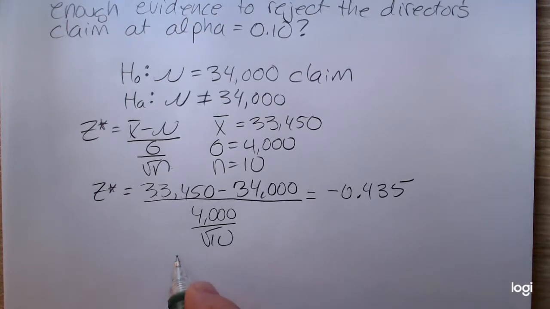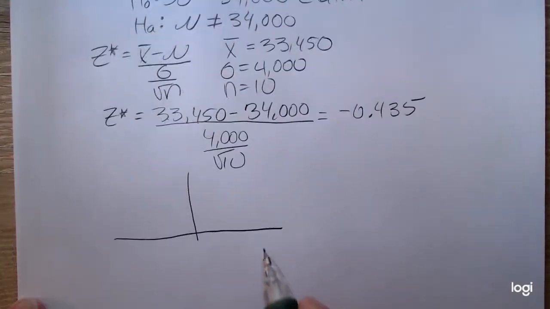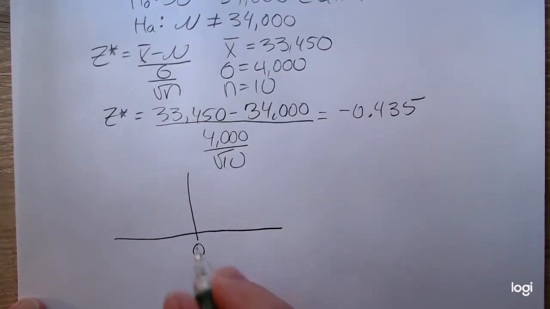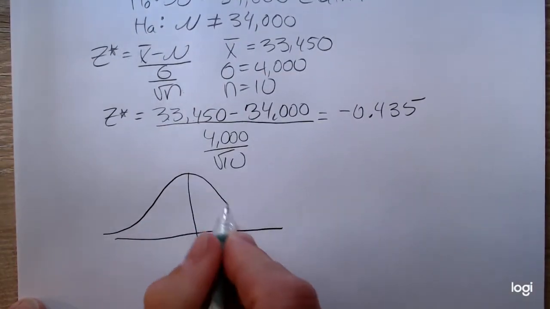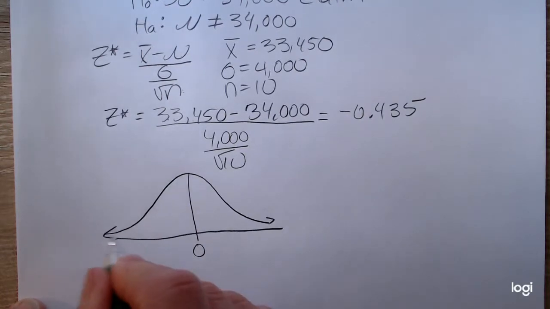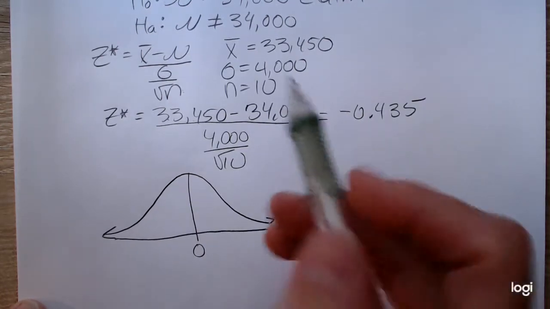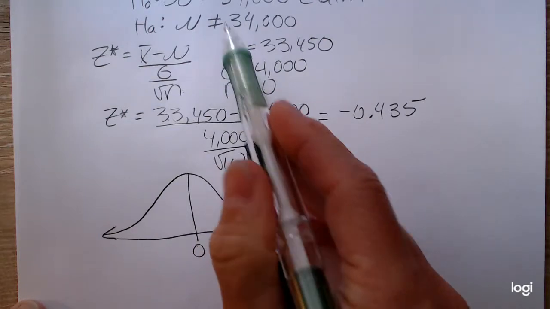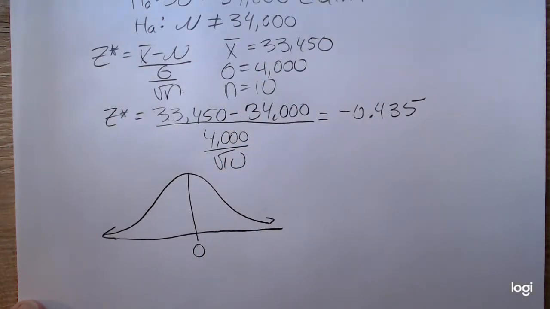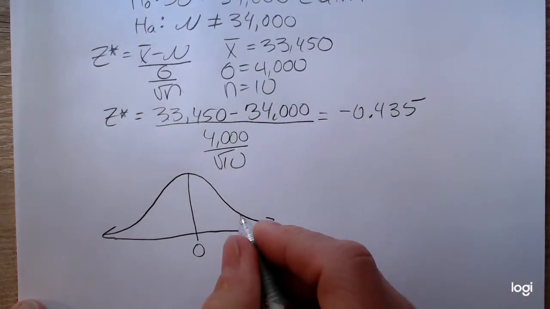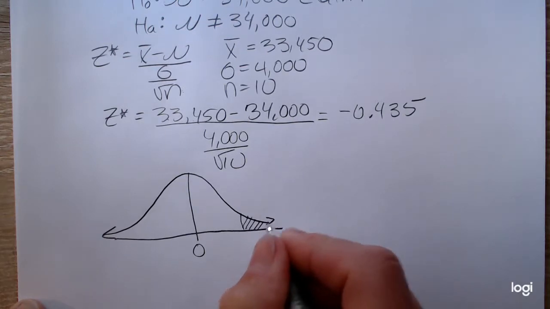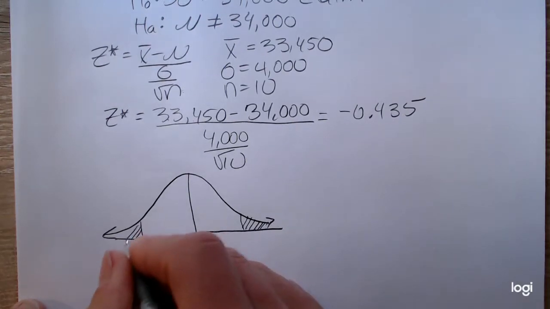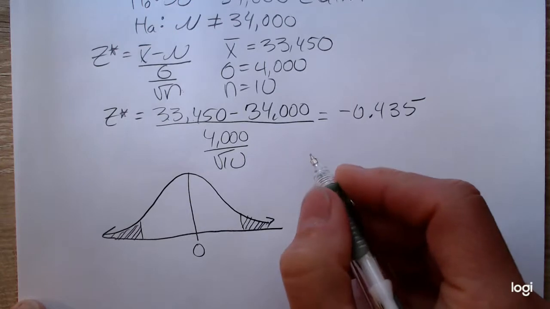Now the p-value is the probability of getting a test statistic at least as extreme as the one obtained by the sample. And because we have a two-tailed test, because we have not equals in the alternative, we're going to have two areas of rejection, and we're going to need to divide alpha in half.